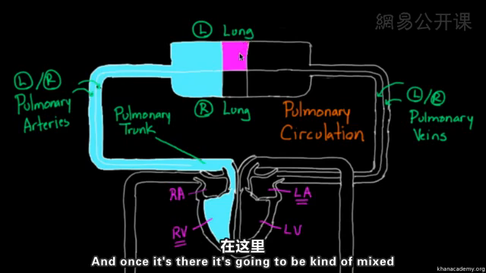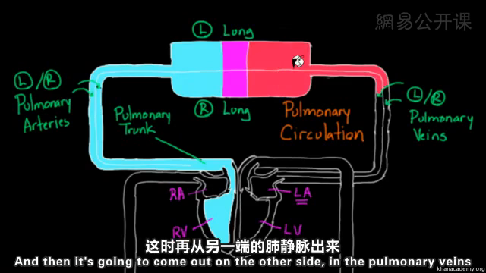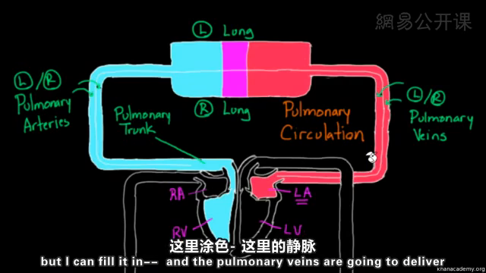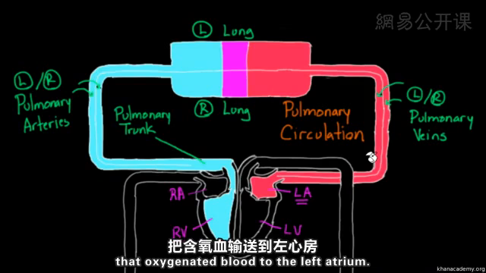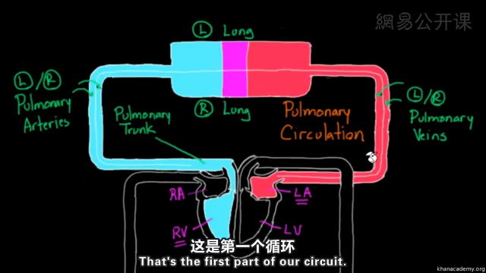And once it's there, it's going to mix in with the capillaries, and it's going to start getting oxygen, and then it's going to come out on the other side in the pulmonary veins. It's again stopped a little bit there, but I can fill it in, and the pulmonary veins are going to deliver that oxygenated blood to the left atrium. So what you see colored in now is the pulmonary circulation. That's the first part of our circuit.